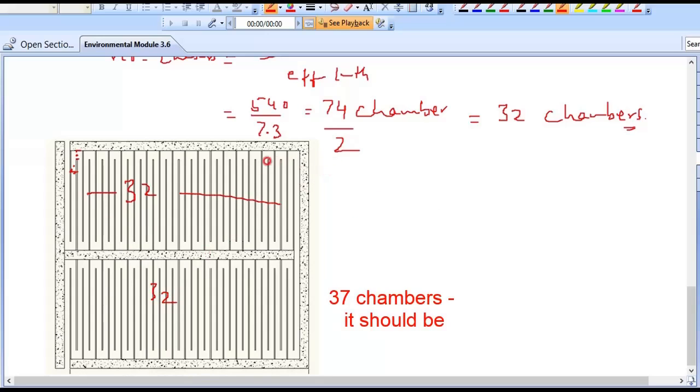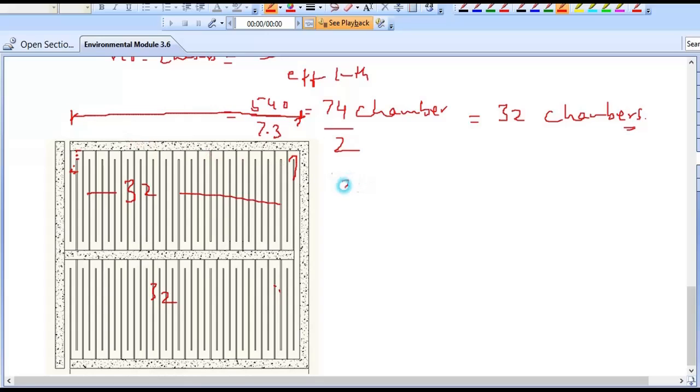The water which comes here zigzags and enters into the second compartment, and again zigzag and it will come out. Now if I want to calculate the inner side length of this one, how to calculate?